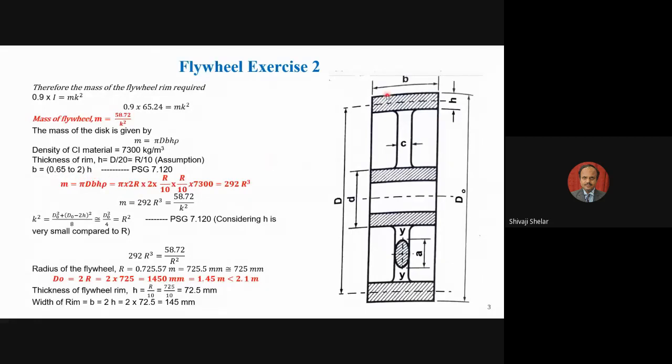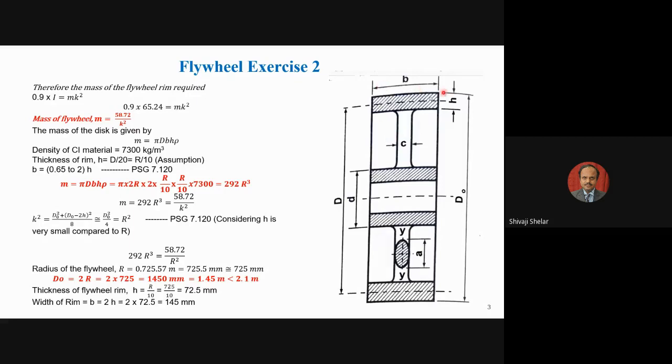Again, this width depends upon whether you are using the external surface of the flywheel for any power transmission mechanism. Sometimes the flywheel itself will be used; if you have seen the diagram of the disc type flywheel, on its outer surface there were gear teeth. They can be used directly to run another mechanism.